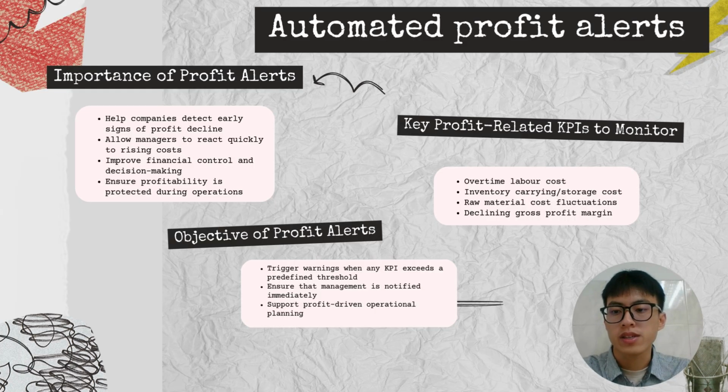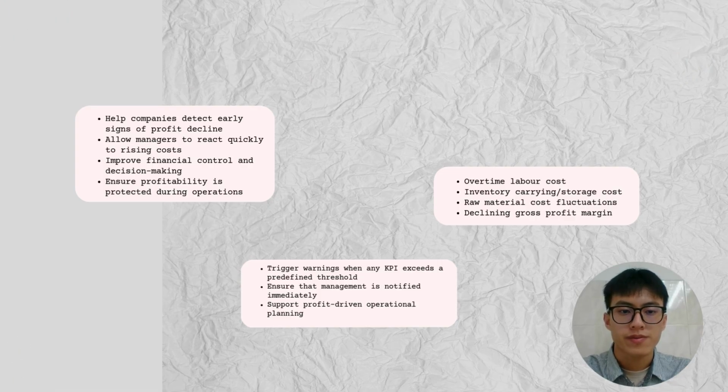Monitoring these KPIs is essential because they directly impact profit margins. The goal of profit alerts is to notify management as soon as any cost exceeds its acceptable limit. This allows the company to take quick action, maintain healthy margins, and support profit-driven decision-making across the organization.